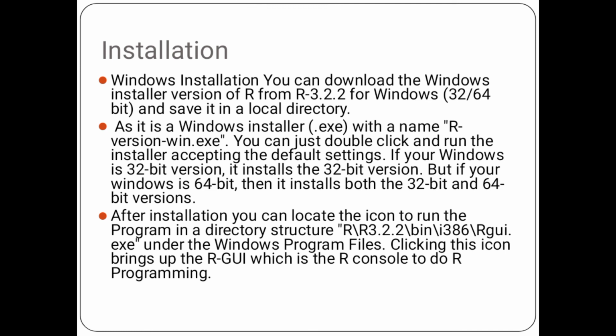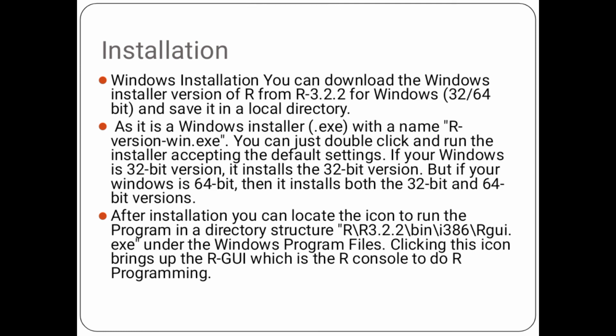So these are the simple steps you can follow for installation of R. You can directly download the R for Windows installer, version 3.2.2. If your system is 32-bit, you can install the 32-bit version.